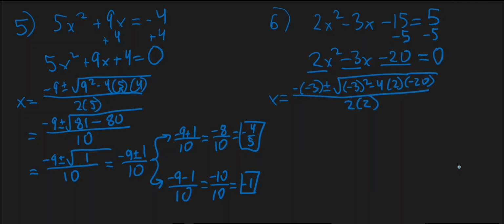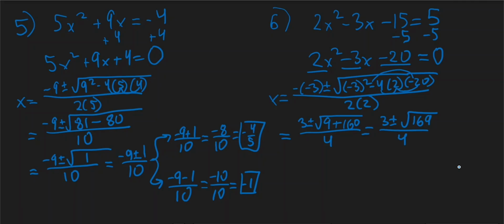All right, so now, negative of negative would be an overall positive 3, plus or minus the square root of negative 3 squared would be a positive 9, and then negative times negative is an overall positive symbol. 4 times 2 would be 8, and 8 times 20 would be a 160, divided by twice 2, which is a 4. And that becomes 3 plus or minus the square root of 9 plus 160 would be a 169, divided by 4.